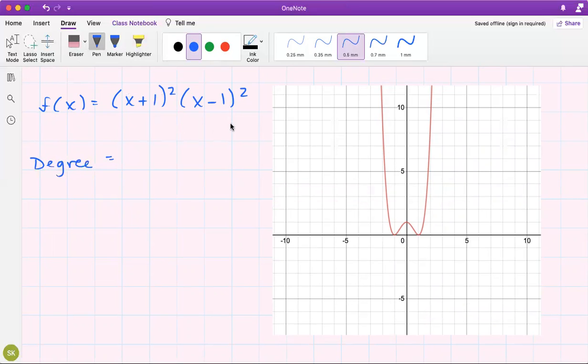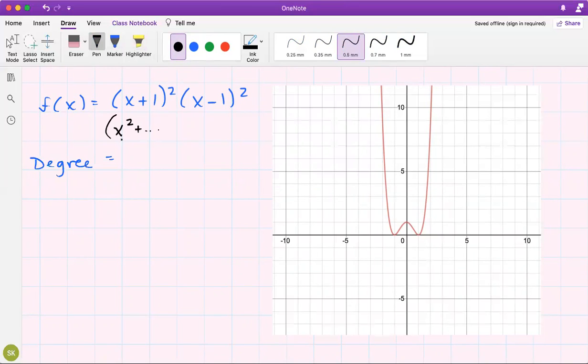Well, I can FOIL this out and expand it and write it as a full polynomial, but all I really need to know is the leading term. That will give me the degree. So notice if you FOILed this, x plus 1 times x plus 1, you're going to get an x squared plus some other stuff.